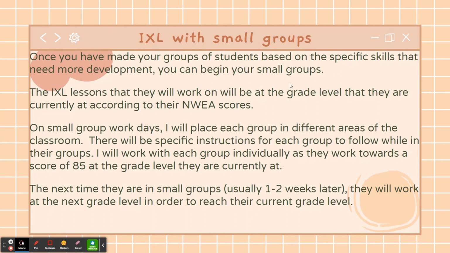As they are working, I am bouncing around to every group, and I will sit with each group for about 5 to 7 minutes, and I will make them pause what they're doing, and I will work through my own example that's at their skill level.